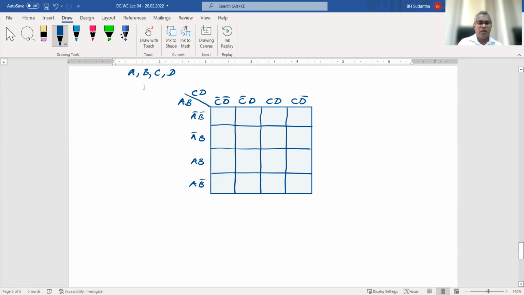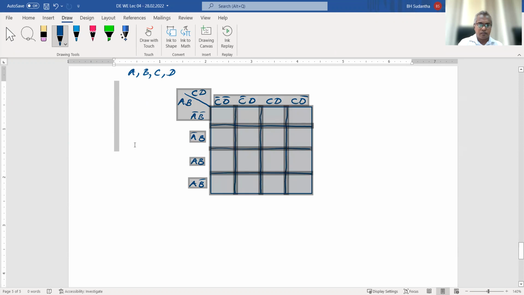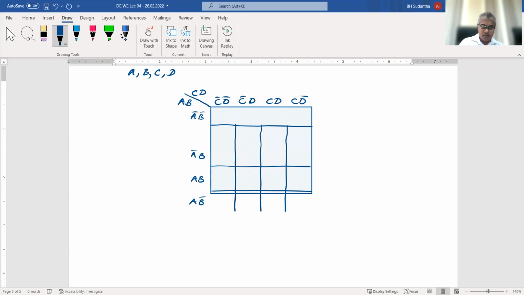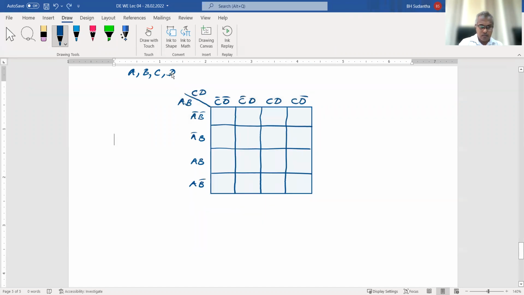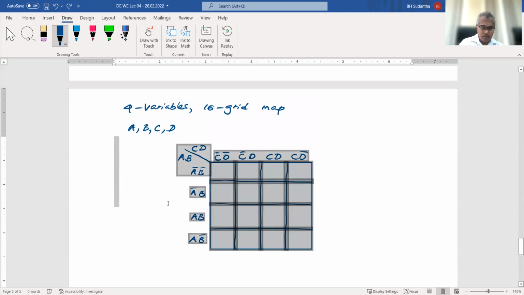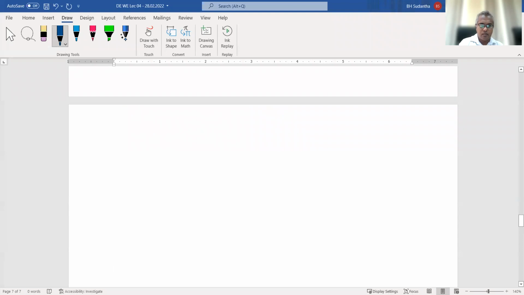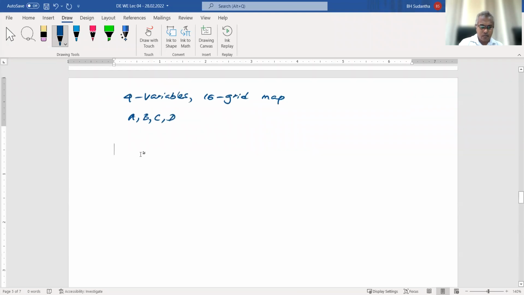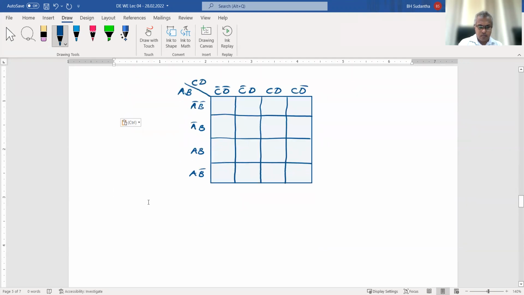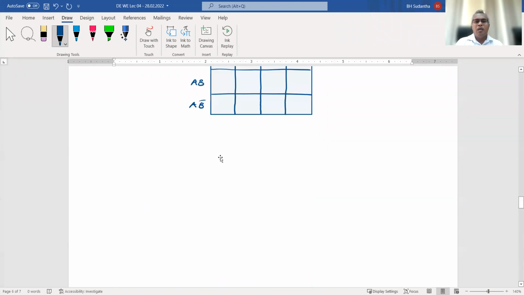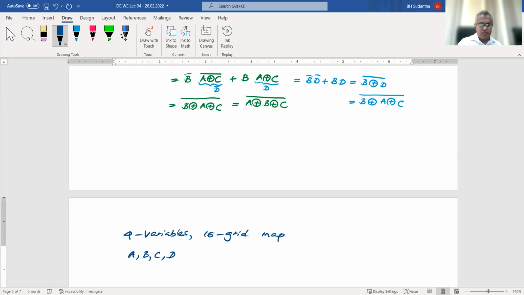Okay, this is the map we can use. Then straight away, shall we try a question? Example.